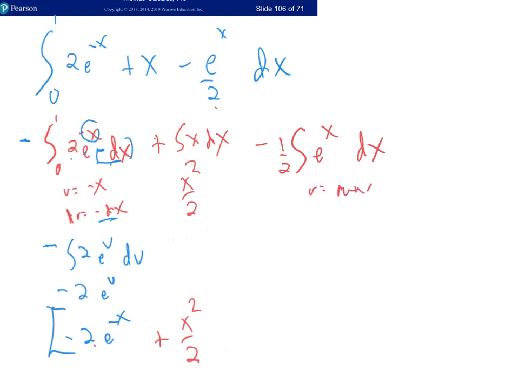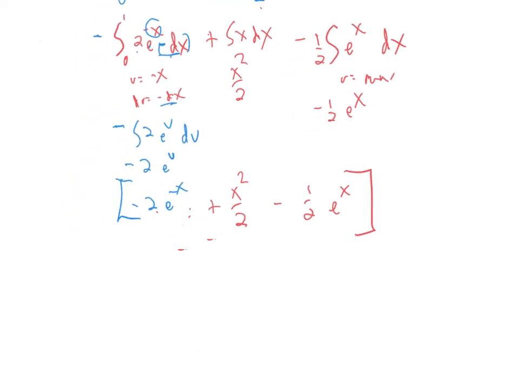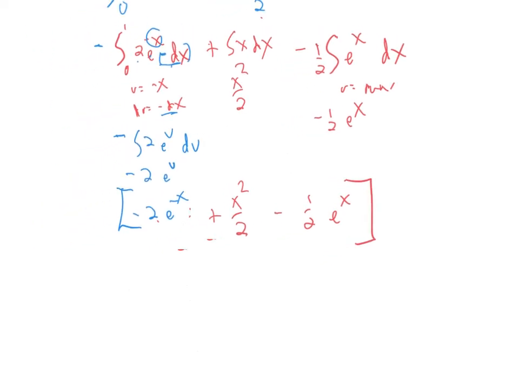It's already there. So that answer is going to be a negative 1/2 e to the x. Bring that down, minus 1/2 e to the x. Each of those three terms I did separately. I'm going from 0 to 1.